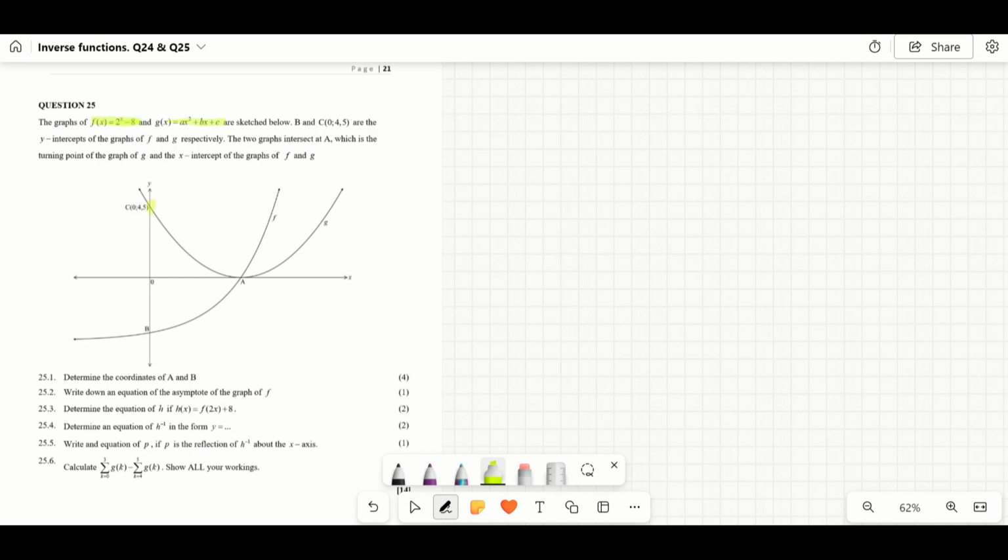b and c are the y-intercepts of the graphs of f and g respectively.